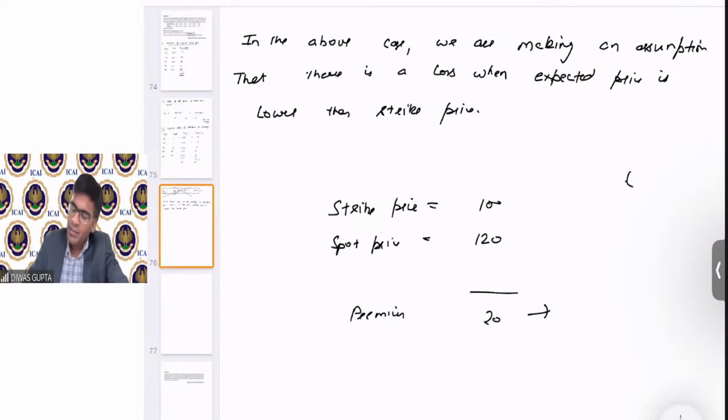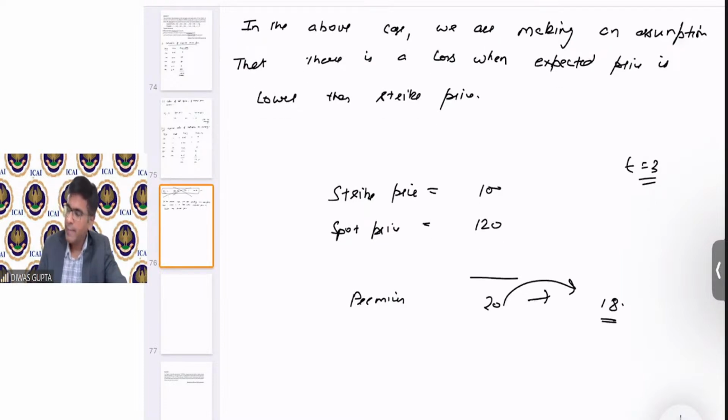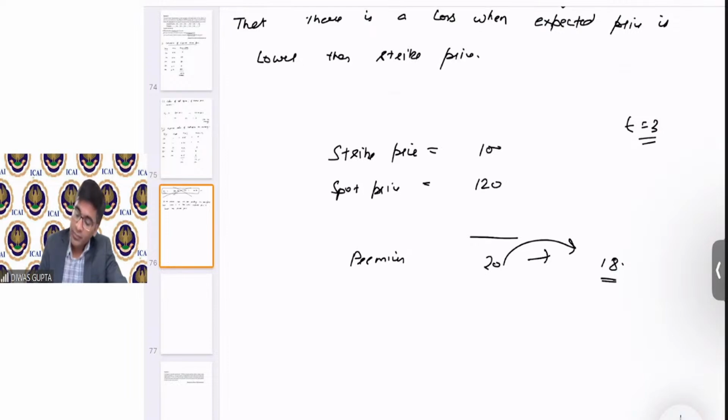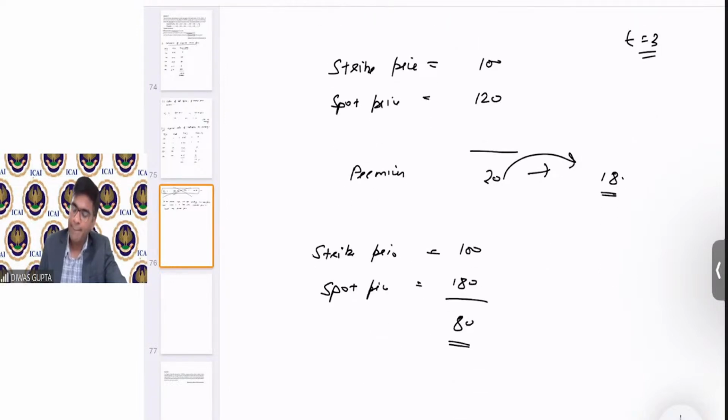Let's say the time period is 3 months. So this 20 rupees will be adjusted for the time value of money. Let's say it becomes 18 rupees, for example. The 2 rupees is basically the reduction for the present value of this 20 rupees. Now tomorrow, the strike price, let's say, will remain the same, but let's say tomorrow the spot price increases to 180. So the difference becomes 80.